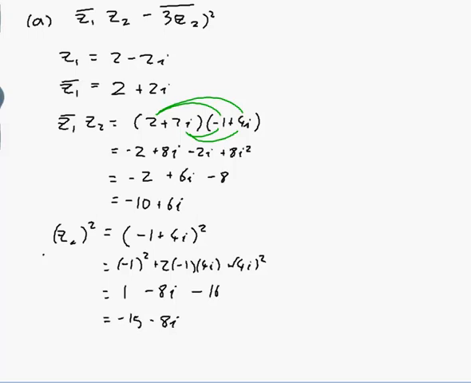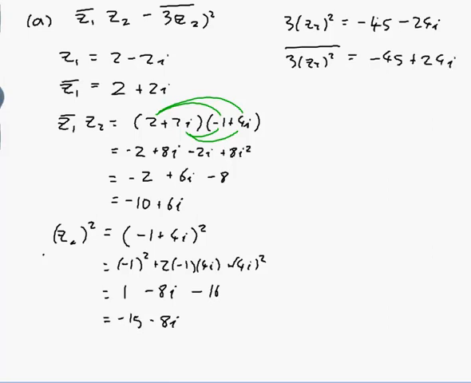Okay, so I do 3 times that. So 3 times z2 squared would be minus 45 minus 24i, because that would be what I get when I multiply the previous one by 3. And 3 times z2 squared bar would be the same, but changing the sign of my imaginary part, so minus 45 plus 24i.